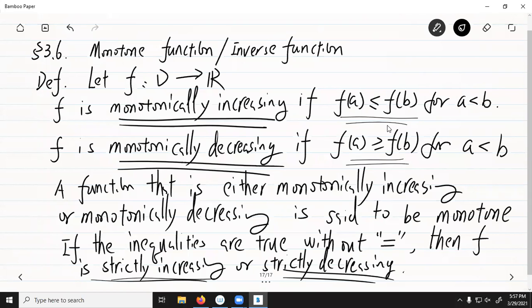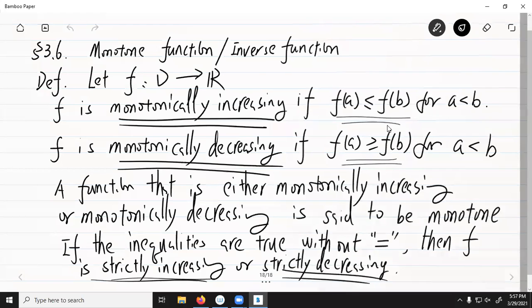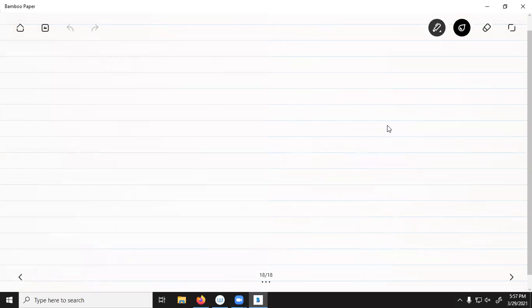Now let me see if we have time to prove the theorem. Yeah, I can state the theorem first, then talk about it, and we can prove it next time.